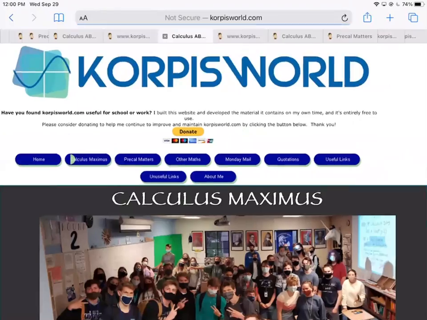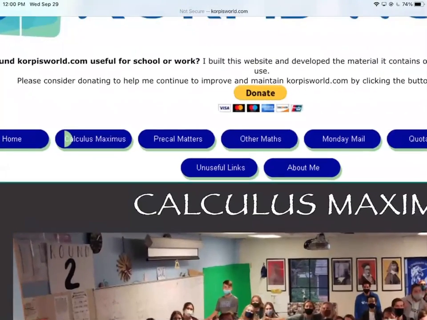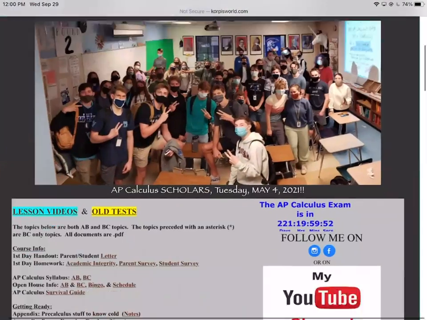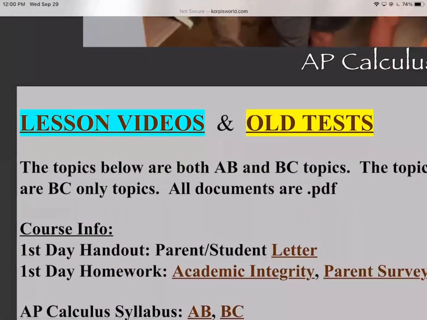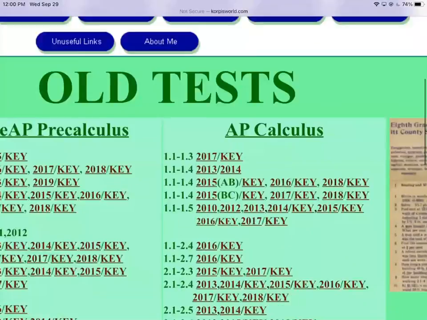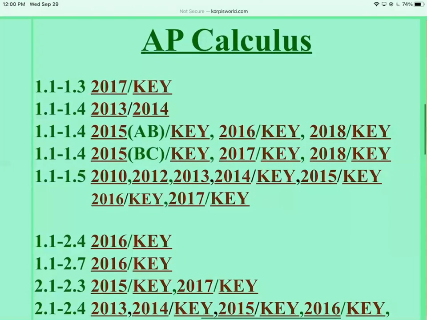But if you go to Calculus Maximus or to the Canvas website, to the old tests, click on old tests, and over here you'll see there's not specifically a test that takes us from 1.1 through 2.3. Okay, there's not. So you have lots of them that cover all of chapter 1, 1.1 through 1.5.